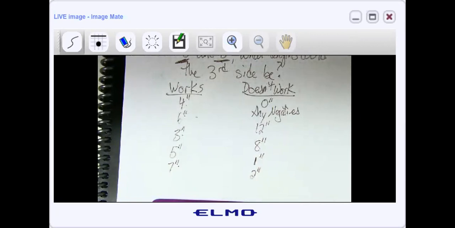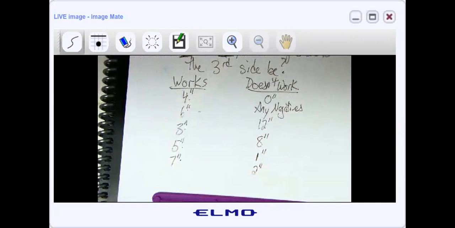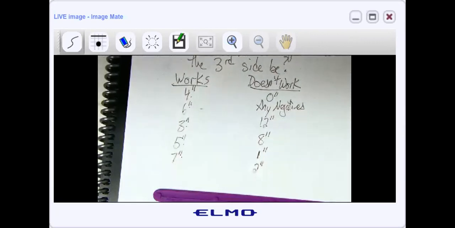No, that doesn't work. That was silly. I'll just do it with a ruler. Oh, but I don't have a ruler long enough, so I can't do that. Let's try with this one. Oh, I might actually have it. 6 is right there.